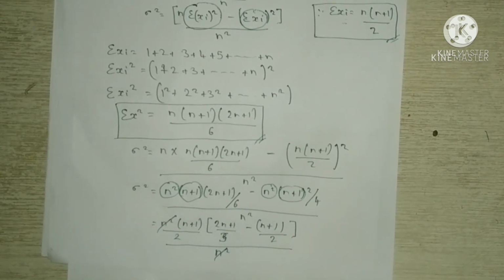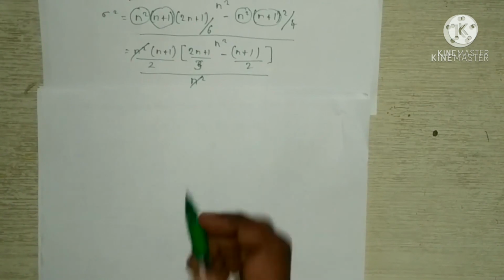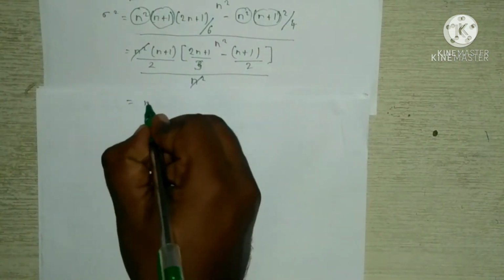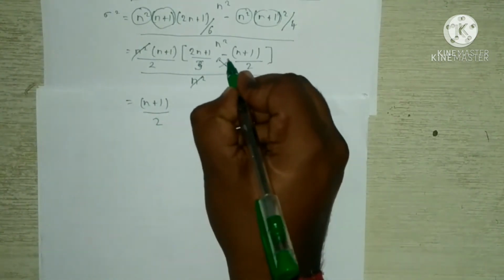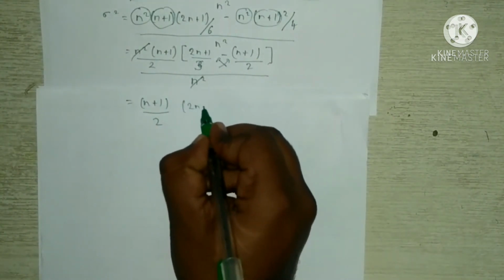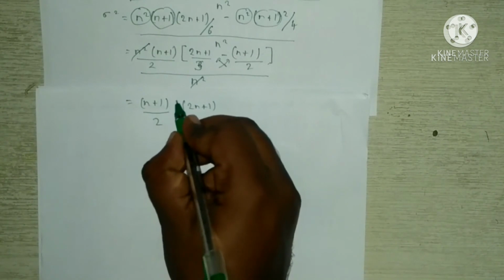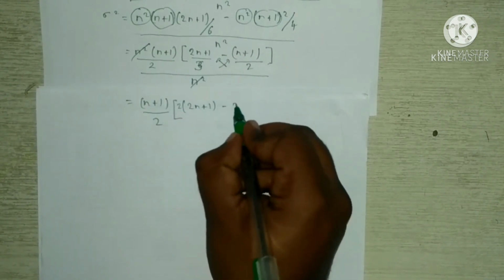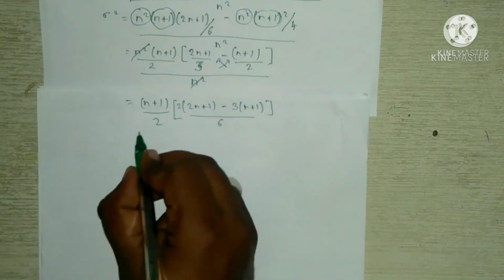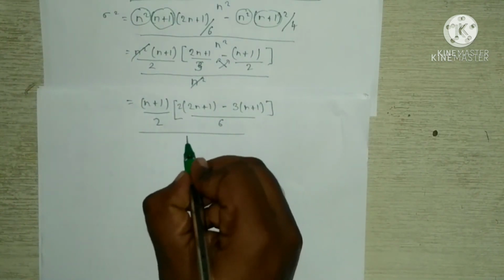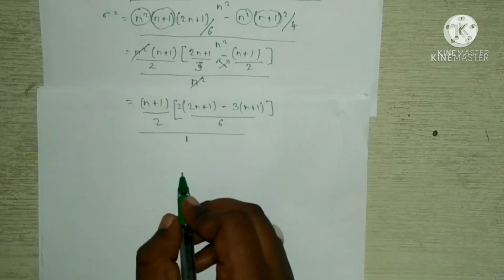The n square cancels, and it remains n plus 1 divided by 2. Cross multiplying, 2 into 2n plus 1 minus 3 into n plus 1, all divided by 6, then it will remain 1 since n square cancels.